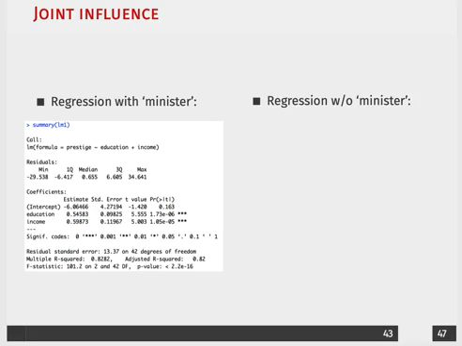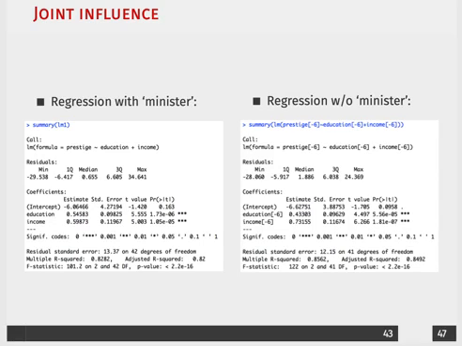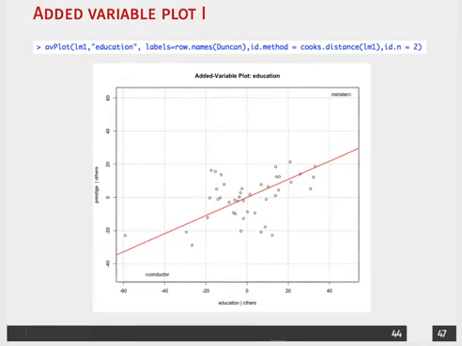Then we're going to regress without minister. You can see here I'm just taking that observation out, which happened to be the 6th row. Now when we go to construct our added variable plot, we just plug in our first full model and do AV for added variable plot.